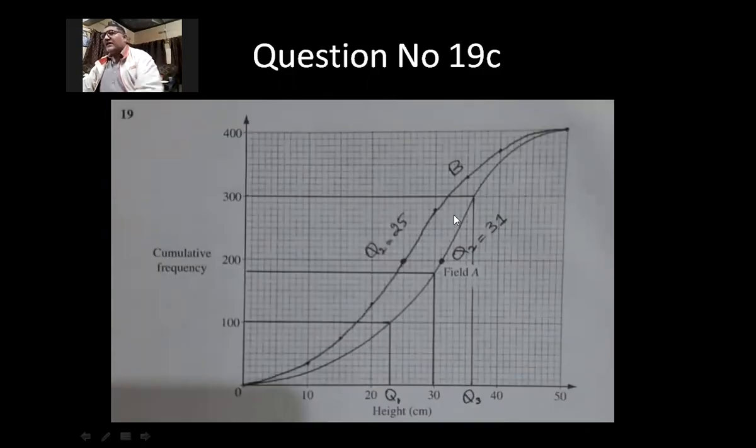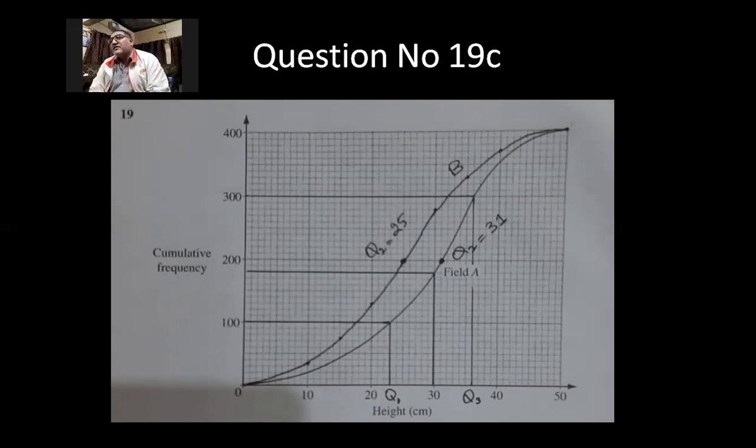And then I will find the median. So the median for the field B is 25, and the median for the field A is 31. So you can see that the median for the field A is larger.